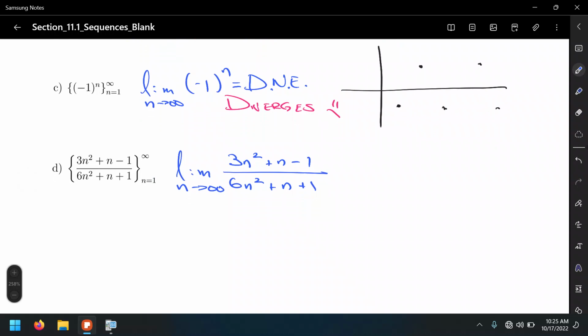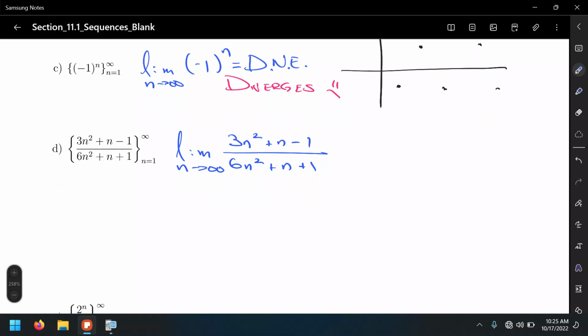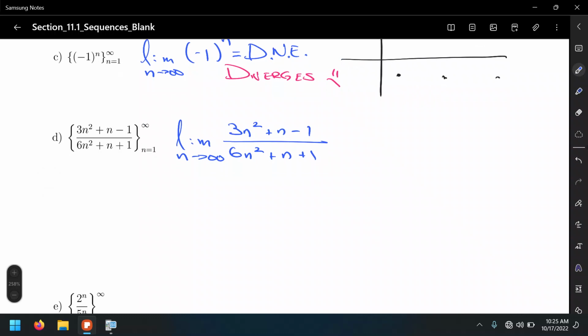Actually, there's a couple of ways to go about this one, because of the 3 over 6. We can use those. It's not necessarily shortcuts, but if you want to call them shortcuts, that's also very heavily linked to what you did back in pre-calculus when finding the horizontal asymptotes of a rational function. What you did, number one, is look at the degrees of the numerator and denominator. In the case in which the degree in the denominator is larger than that in the numerator, no matter what you do, that horizontal asymptote is 0, which is the same as saying the limit as n approaches infinity is going to be 0.